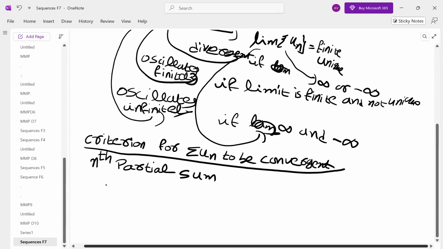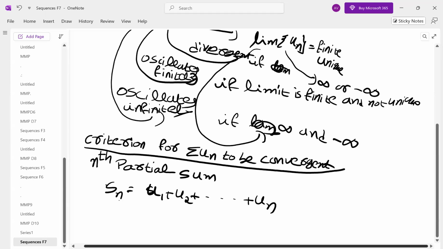It is denoted by Sn. Sn is u1 plus u2 plus and so on up to un, S for the sum of the first n terms. S1 means u1. S2 means u1 plus u2. S3 means u1 plus u2 plus u3. Sn means the sum of the first n terms.